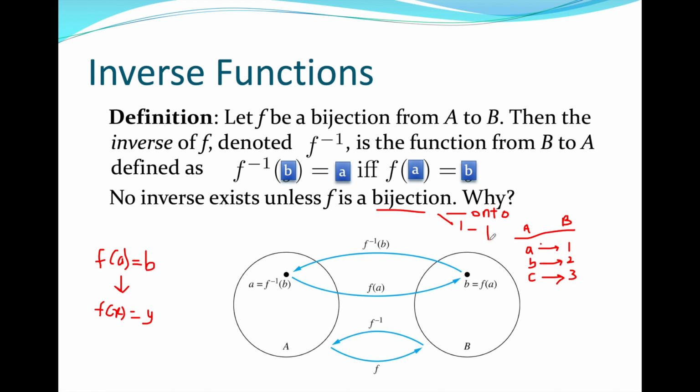The reason why the function must be a bijection is that only then can it have an inverse.